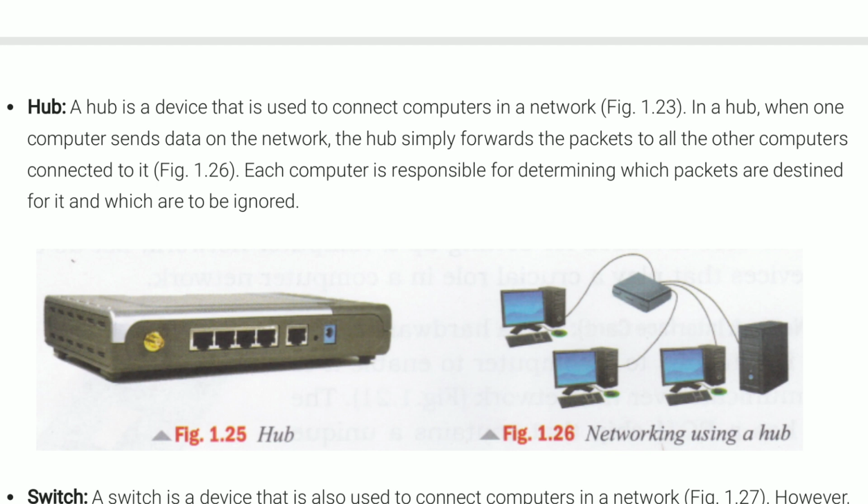Okay, it means if we create a network and connect every computer through the hub, and when data is transferred from one system via the hub, then it is transmitted to every system that is connected through the hub.